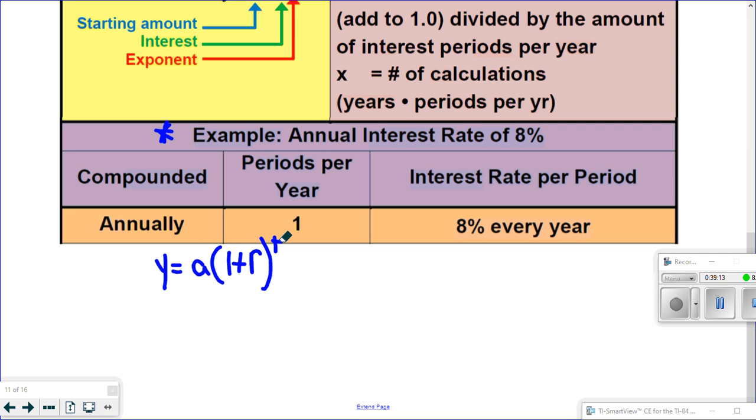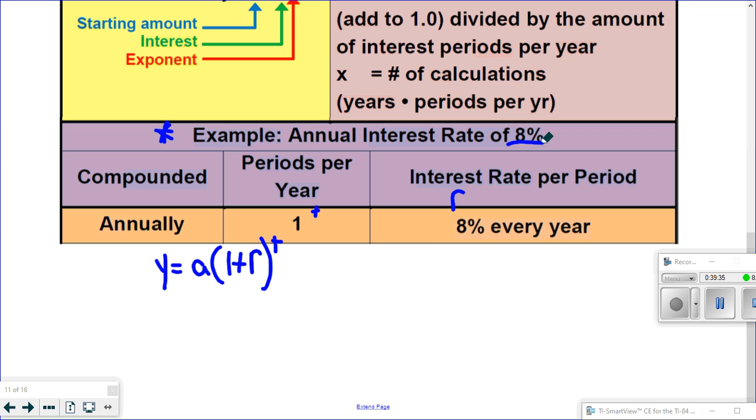We're talking about annual interest rate, compound interest. So we have a period of 1 year, which is T, and then we have an R. It's compounded annually at an interest rate of 8%.